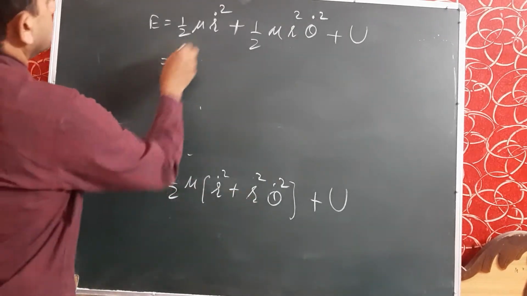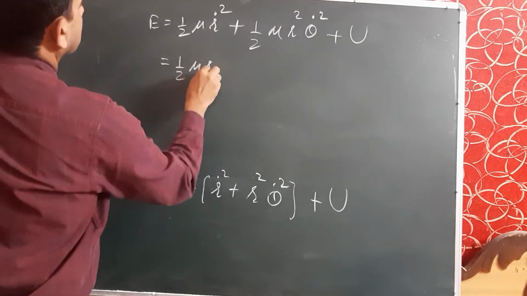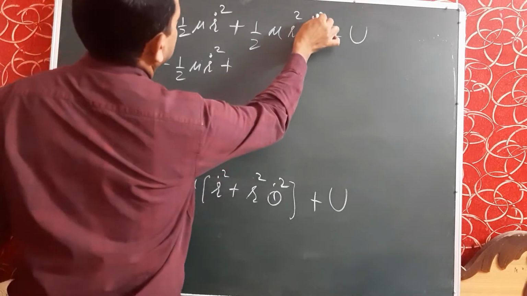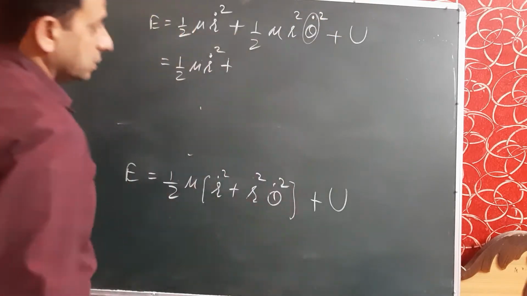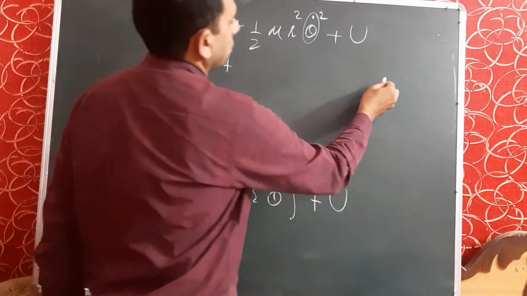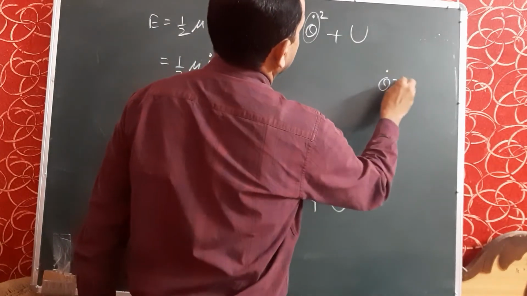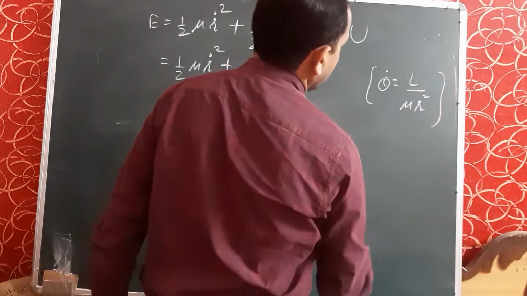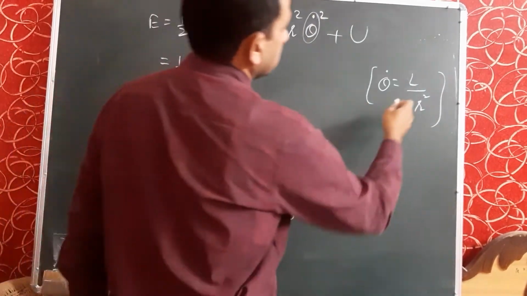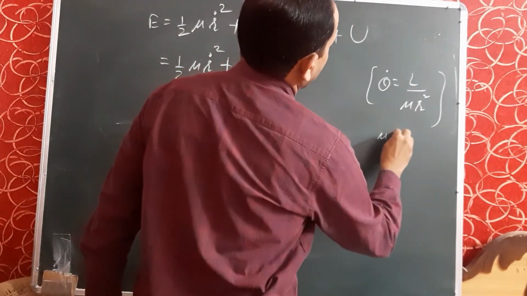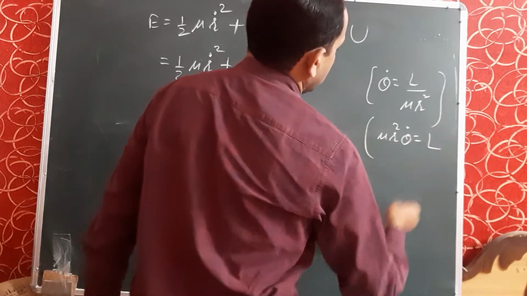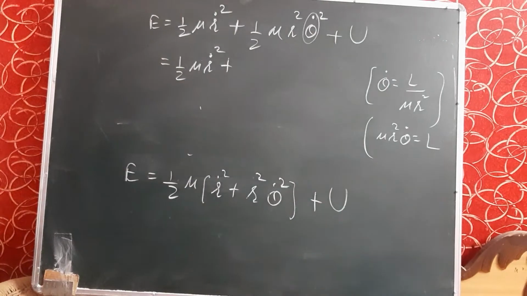Now this is half mu r dot square plus, we will put the value of theta dot here. What is theta dot? We know that theta dot is equal to L over mu r square, because we have already proved that mu r square theta dot is equal to L. I have proved it in the previous article.